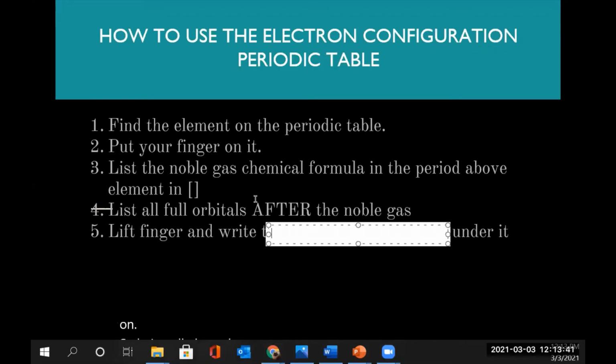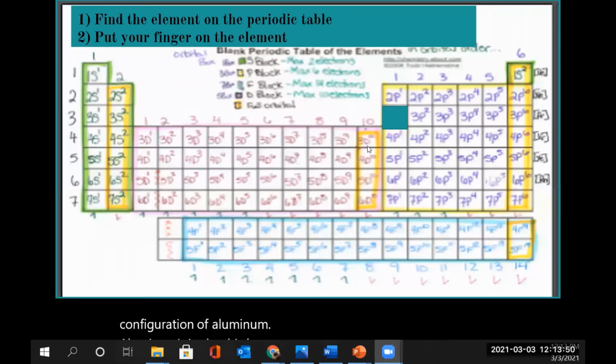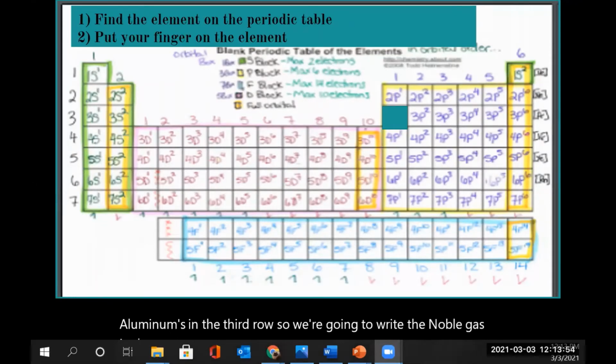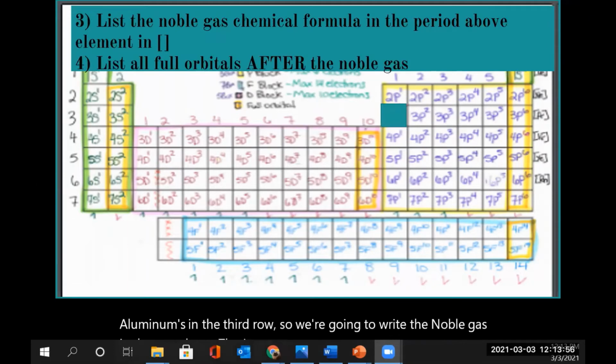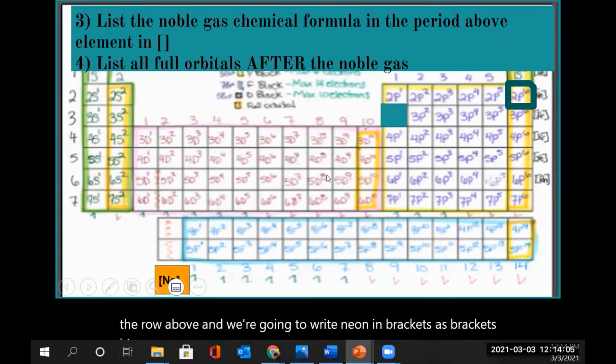We're going to do the electron configuration of aluminum. Aluminum's in the third row, so we're going to write the noble gas in the row above. That's neon. So we write neon in brackets: brackets, big N, little e, and brackets. Then we write all full orbitals before our finger after neon.